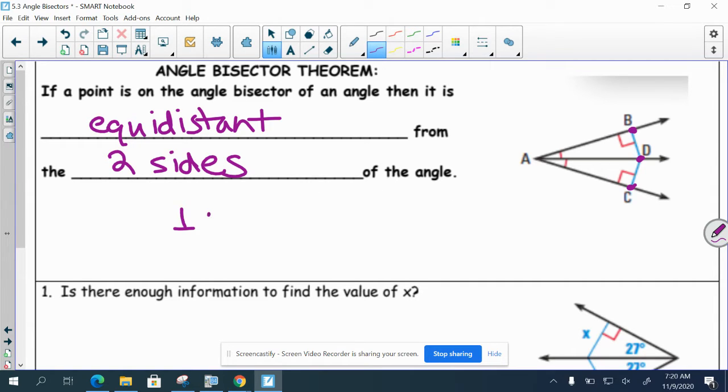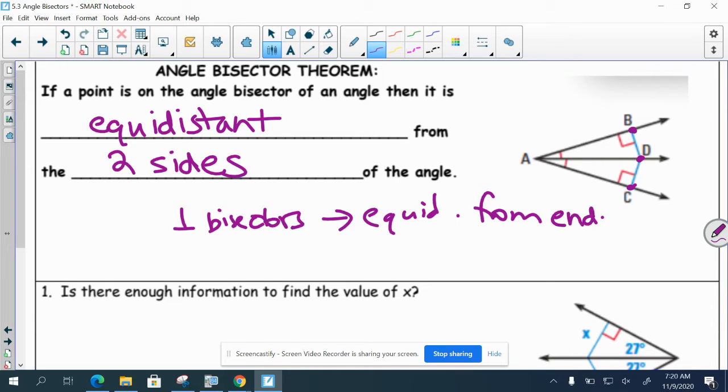So with perpendicular bisectors, it's equidistant from the endpoints, or if you're talking about a triangle, it would be the vertices.